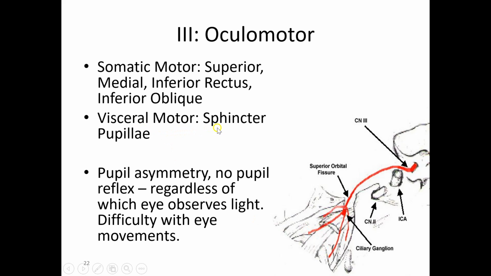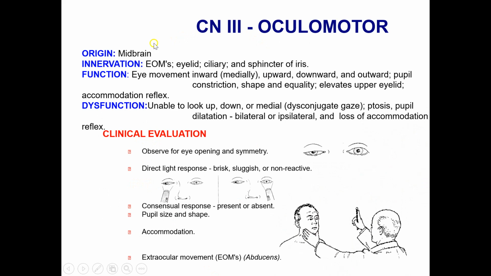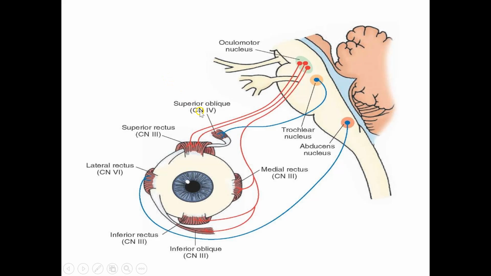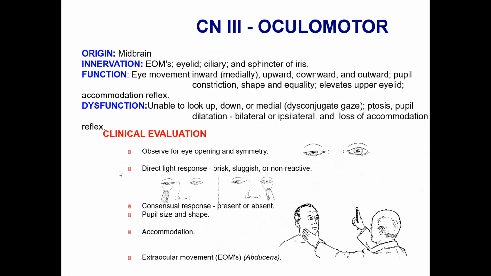It also supplies the sphincter pupillae muscles involved with pupillary constriction. Origin of cranial nerve 3 is from the midbrain. Innervation: it supplies extraocular muscles except, as we saw here, superior oblique and lateral rectus. It supplies muscles of the eyelid, ciliary muscles, and sphincter of iris.